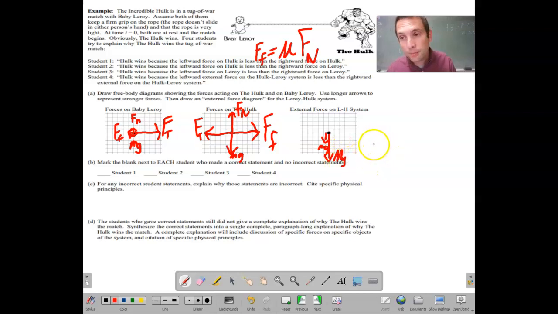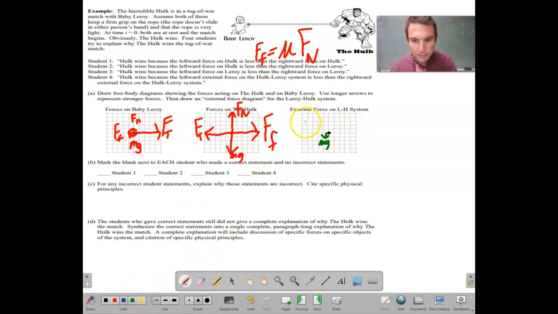For you on your papers, I know I'm being kind of sloppy, but hopefully if you only used one box to go down for Baby Leroy's mass times acceleration due to gravity, you would only use one box here. It has to be consistent. I can use different colors so that you can see what's happening. Because Baby Leroy is one box down over here, then we have to have one box down.